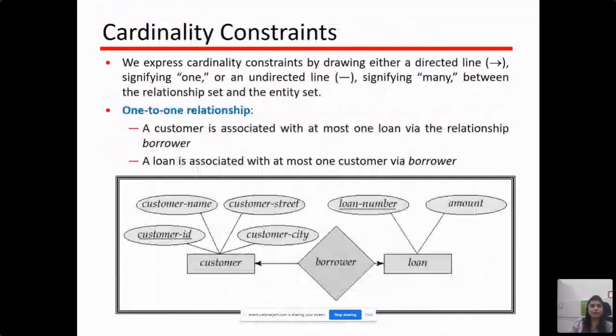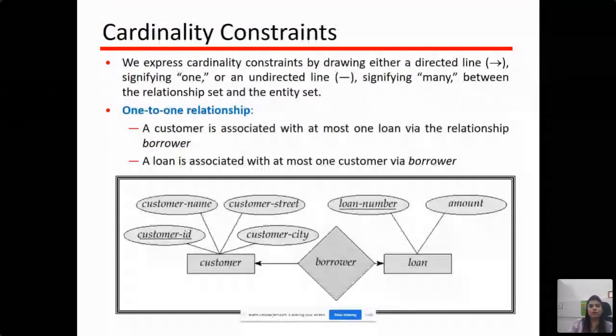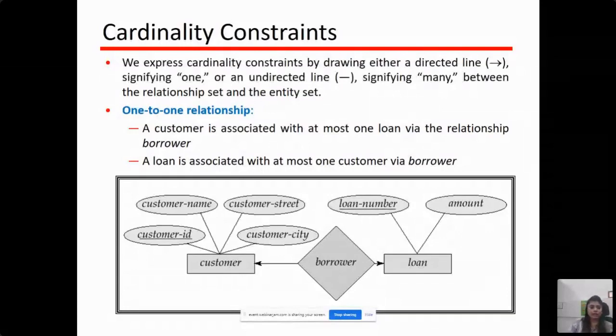Next we have how do we represent these. We already spoke about one-to-one relationship, one-to-many, many-to-one, and many-to-many. But how do we represent them in the ER diagram?